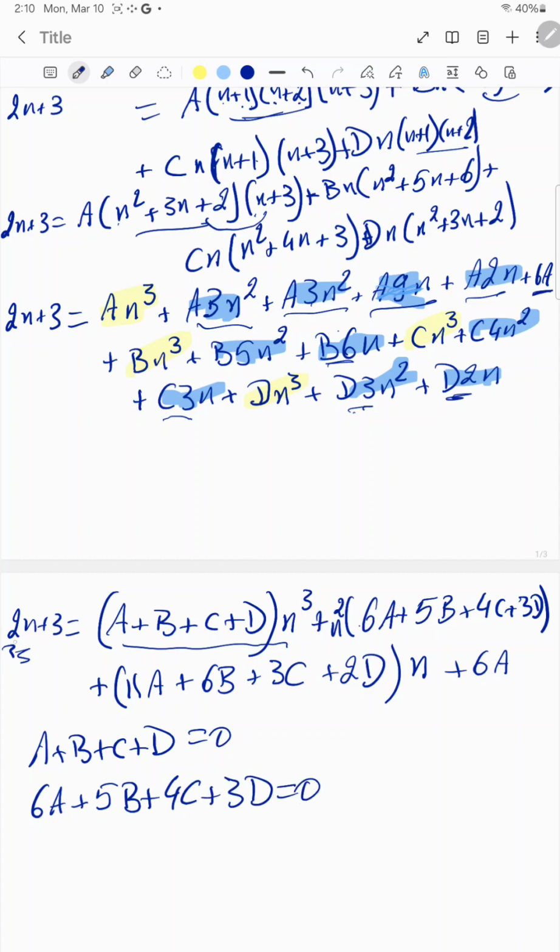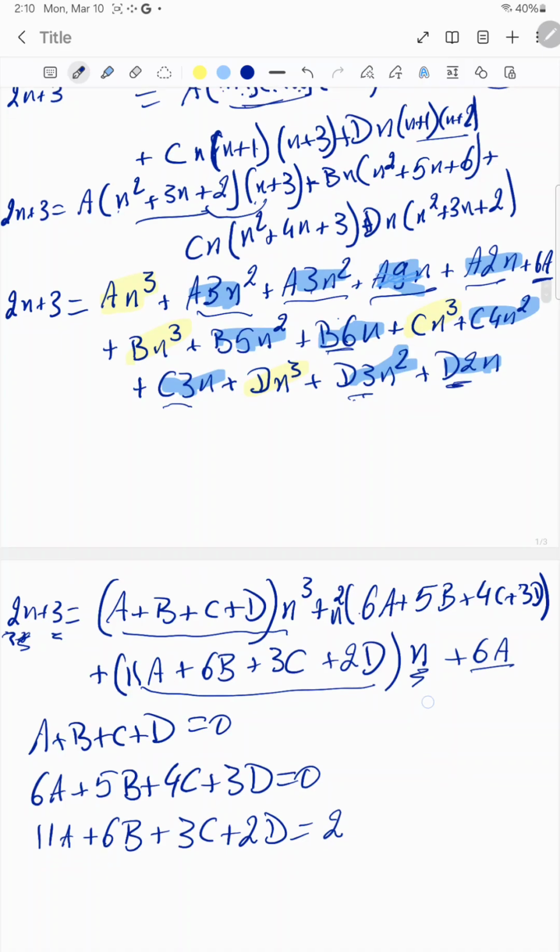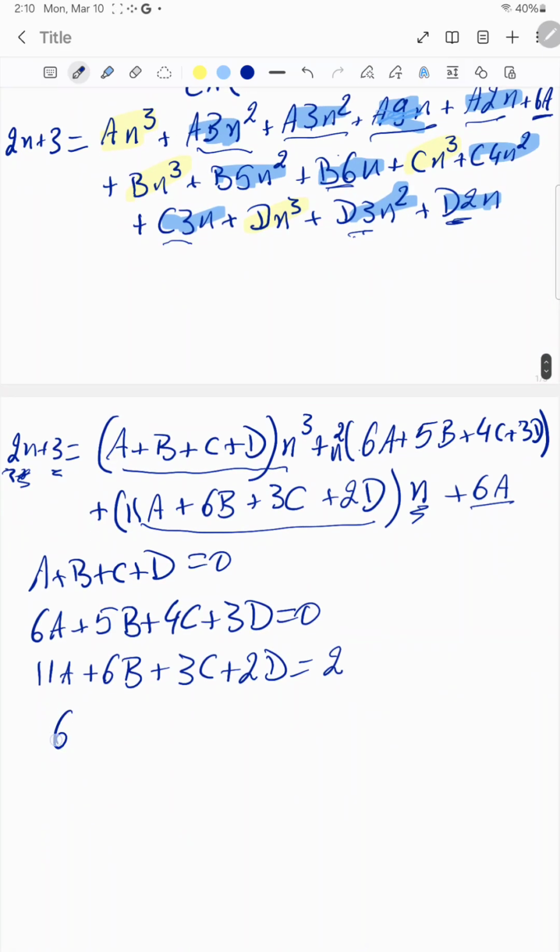But I have coefficient 2 with the variable n, so that means 11a plus 6b plus 3c plus 2d is equal to 2. And I have 6a that does not have a variable n, and I have 3 that does not have a variable n. That means my 6a is equal to 3, so my a is equal to 3 divided by 6, which is equal to 1/2.